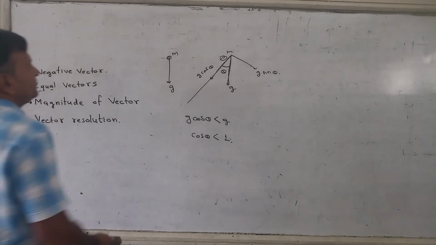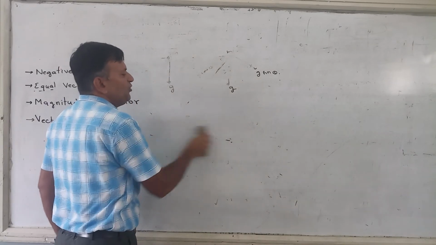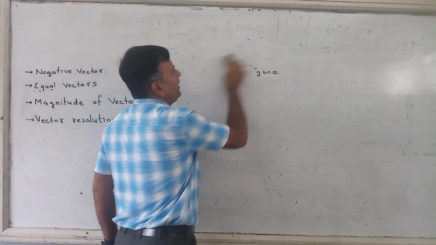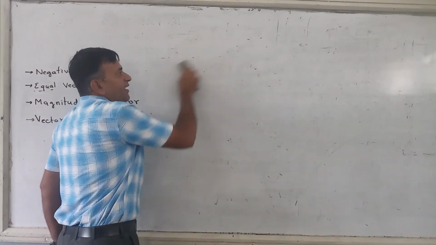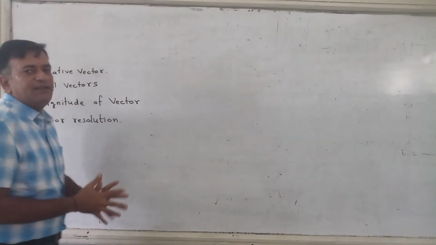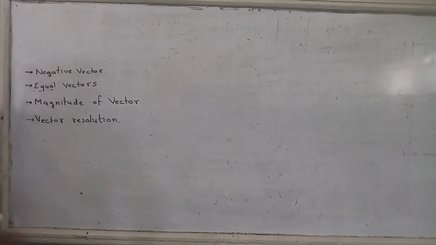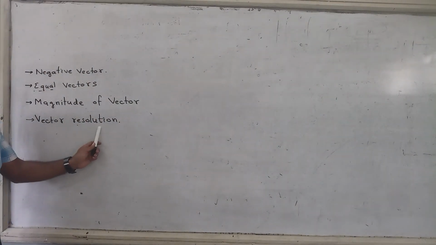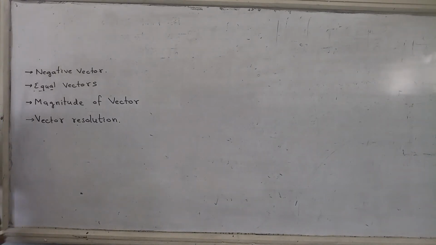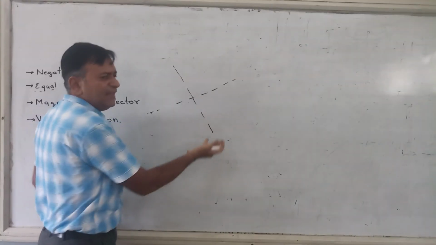Okay, now a few more examples of vector resolution. See, vector resolution is a very important part. It is important because it is one of the most used parts. Most of the time you are dealing with vectors, you will have to undergo resolution of vectors. So if I have a plane like this, what is this?